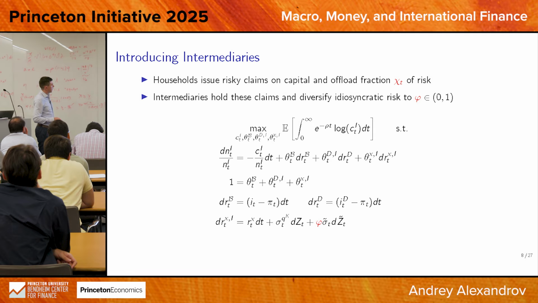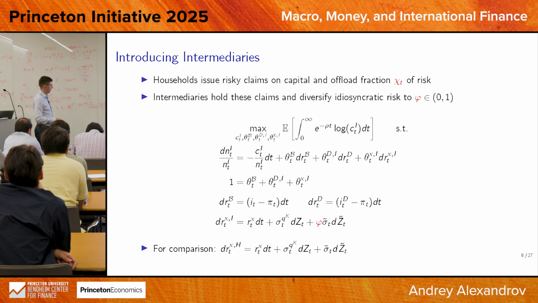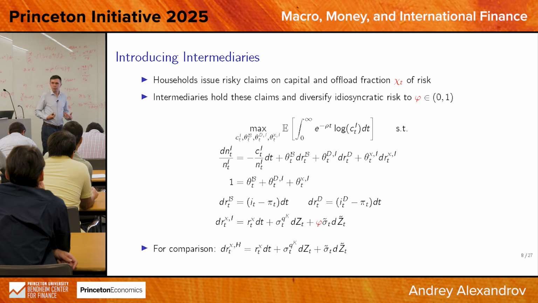And then here we can see that when an intermediary holds this risky claim, they're subject to all of the aggregate risk that is sitting on that risky claim, but only subject to a fraction varphi of the idiosyncratic risk. So for comparison, the return that households are paying on these claims does not have any varphi. So when they offload 1 unit of idiosyncratic risk, intermediaries only take on a fraction varphi of that unit onto their balance sheet. All right.